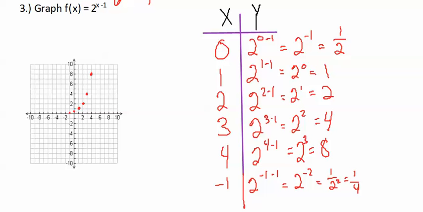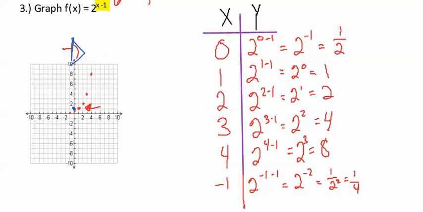So the intercept gets lower, and that typical 1 that was the intercept got shifted over to the right. So normally that intercept is right here at 0, 1, but you notice that the graph is shifted right 1 unit. And the reason why is because of the exponent being x minus 1. So it shifts the graph right.